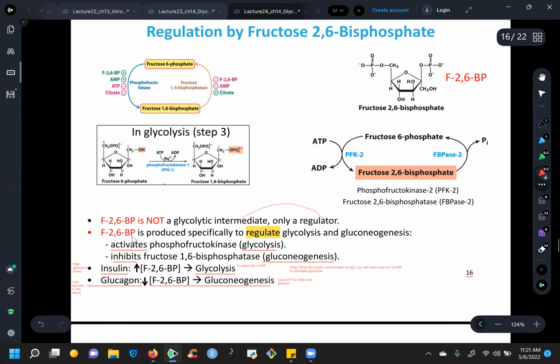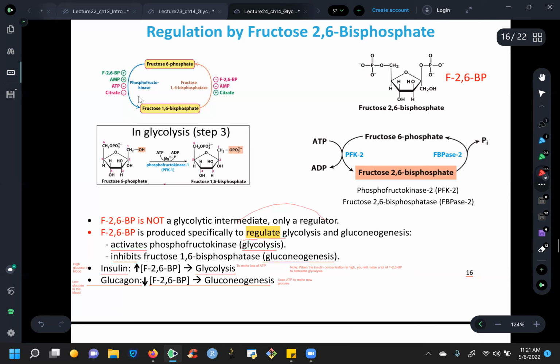Fructose 2,6-bisphosphate is produced specifically to regulate glycolysis and gluconeogenesis, so they might ask you about this. It activates phosphofructokinase for glycolysis, and it inhibits fructose 1,6-bisphosphatase for gluconeogenesis.